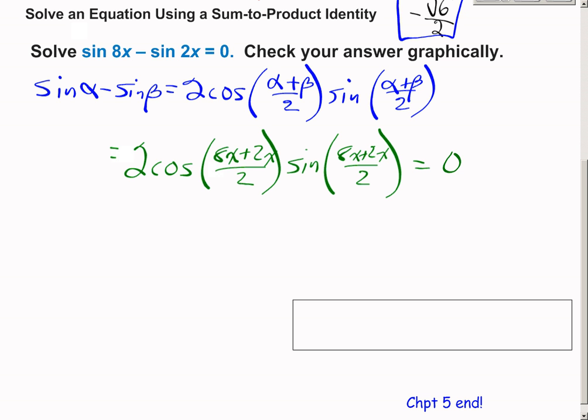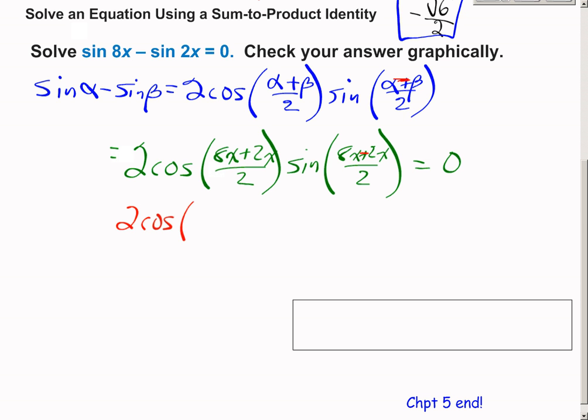And all that's to equal 0. So that's 2 cosine of 8x plus 2x. And I made a mistake there. That second plus should be a minus. So that's alpha minus beta, and 8x minus 2x.